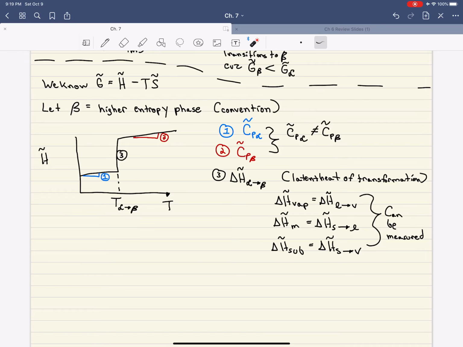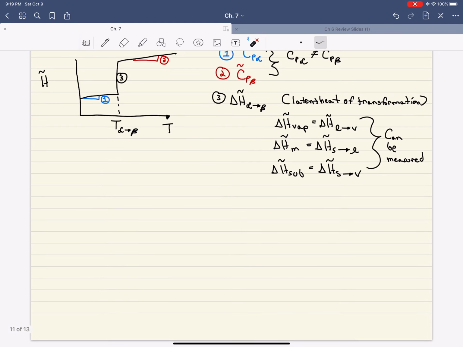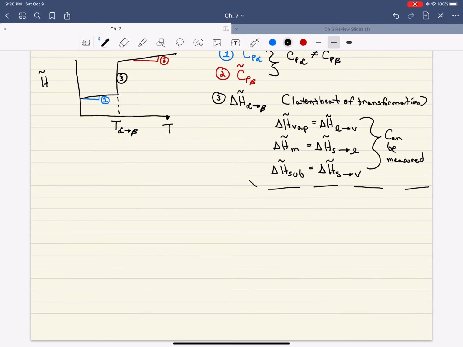That was the behavior of enthalpy as a function of temperature. We could develop a similar plot for entropy, where region 1 is here, region 2 is up here, and region 3 is here.